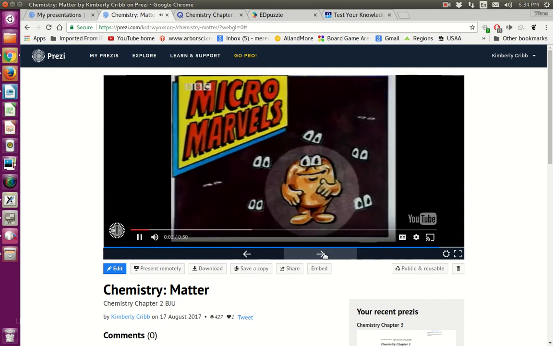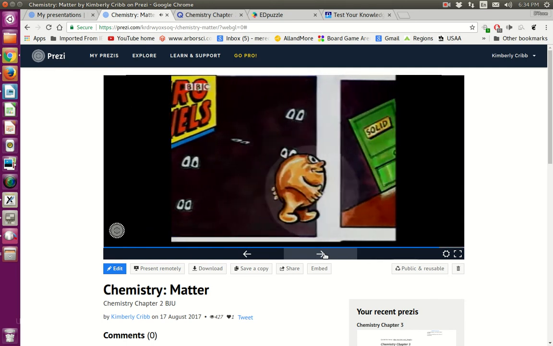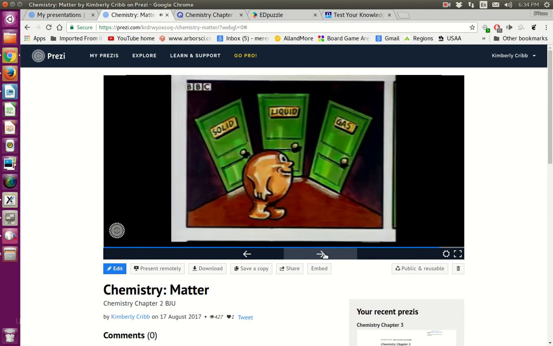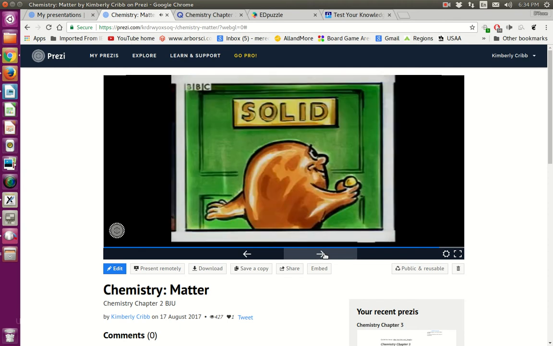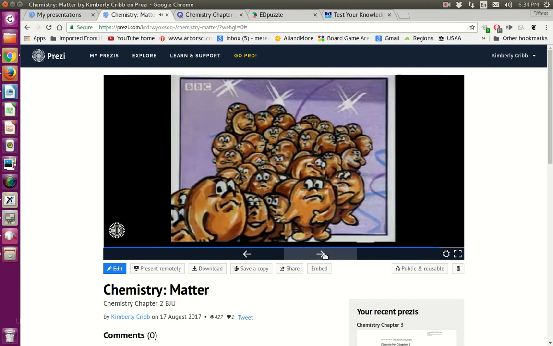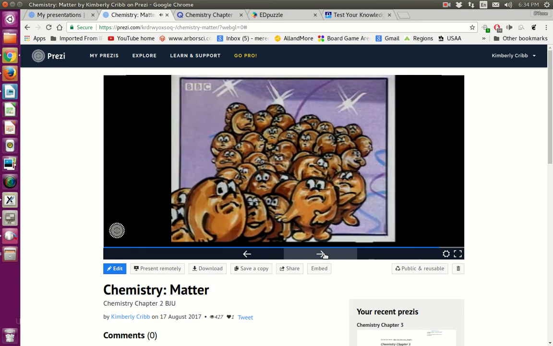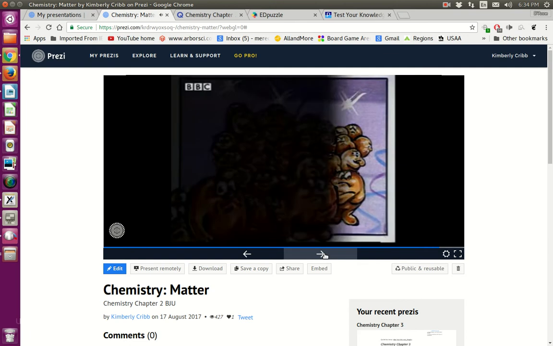Everything is made up of many tiny particles. The behavior of these particles is what makes a substance a solid, a liquid, or a gas. In a solid, the particles are packed closely together in a rigid structure, vibrating about fixed points, but unable to move around.